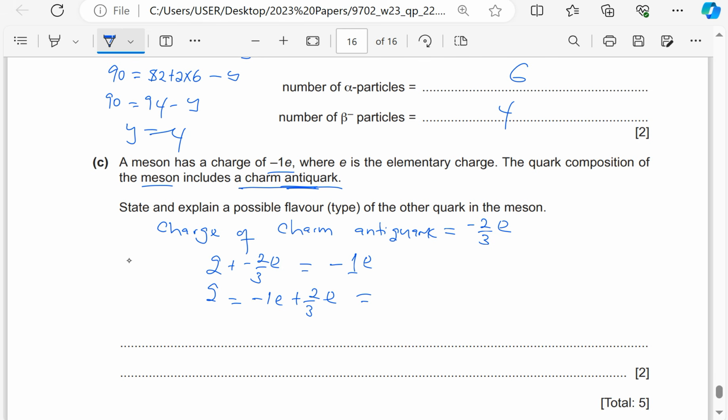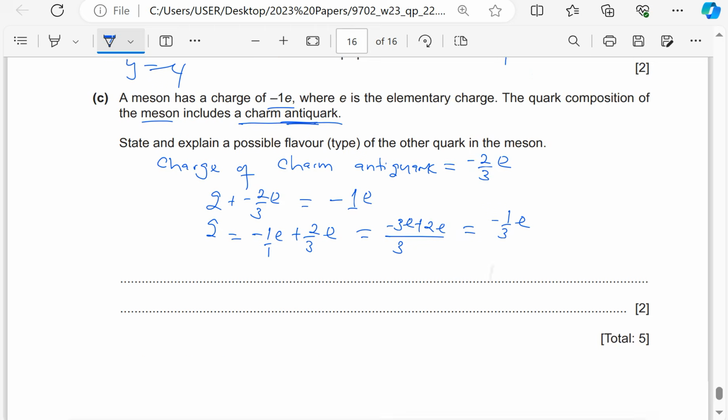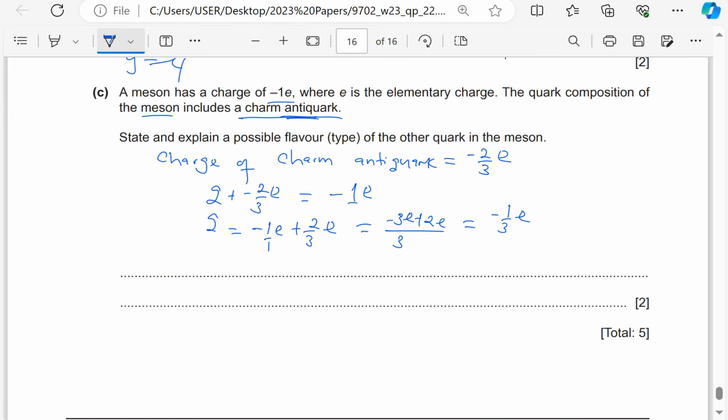LCM here is 3. So it is minus 3e plus 2e over 3, which gives us negative 1 over 3e. So the charge of the other quark is minus 1 over 3e, and this is either down, strange, or bottom.